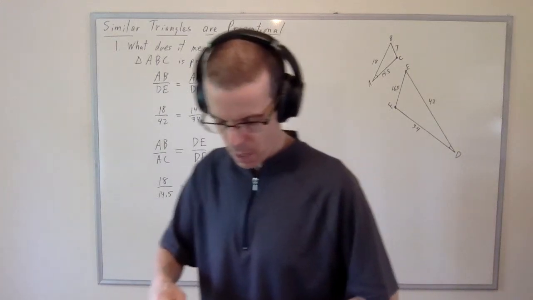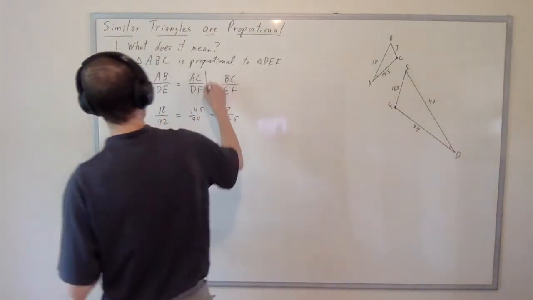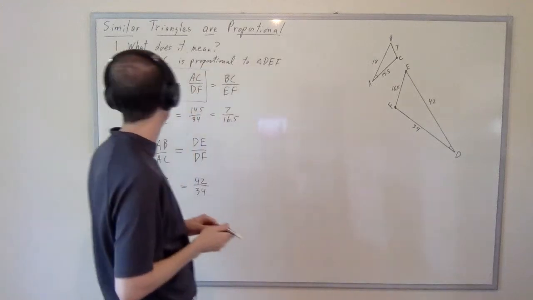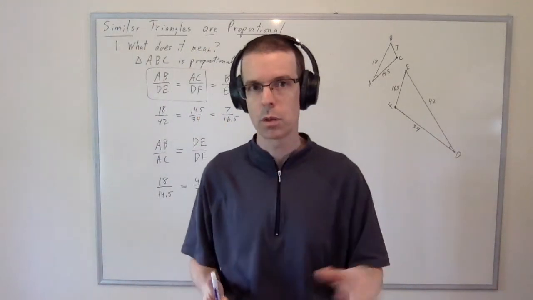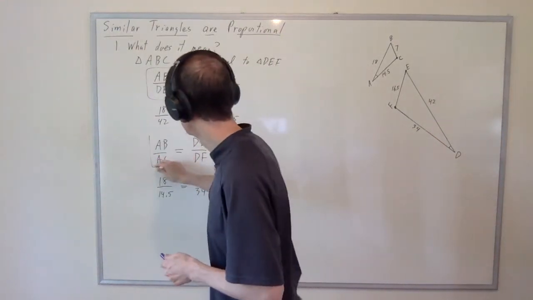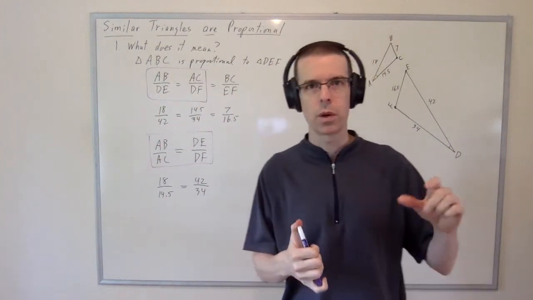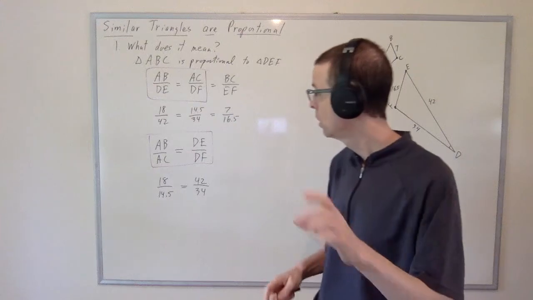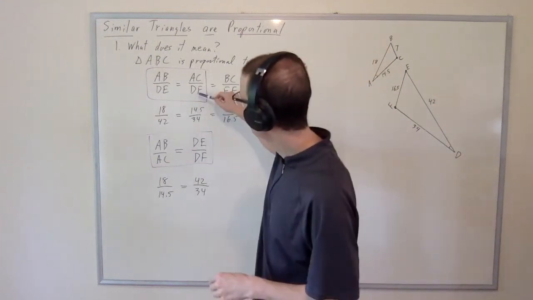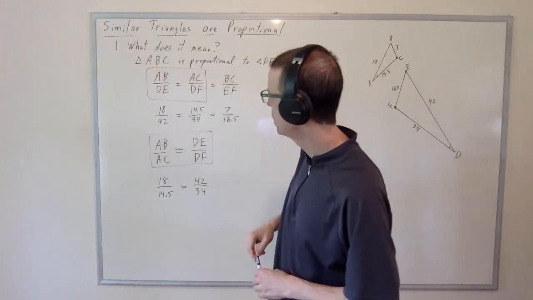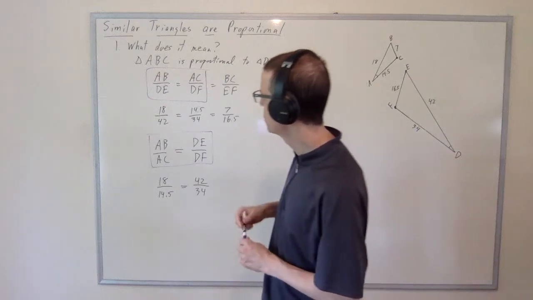So let me highlight here this equality, which is an equality of ratios across from one triangle to the next, and this equality, which is an equality of ratios within one triangle compared to the corresponding ratios for the other triangle. So what is the relationship between these things as equations? Super simple.